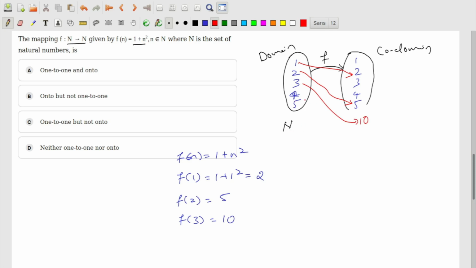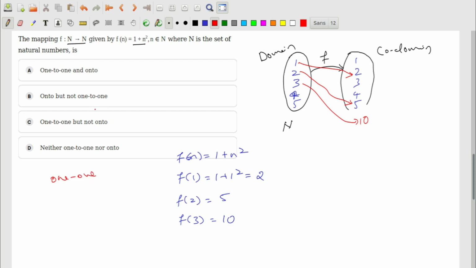All right, so what we observe here is each element from set A is having a distinct element in set B, right? If I take 4, again I will get a distinct element. If I take 5, still one more distinct element. So the conclusion is, it is a 1-1 function from this observation, right?